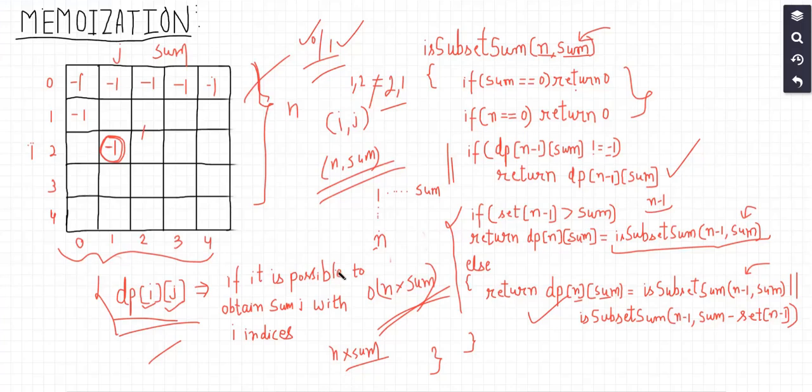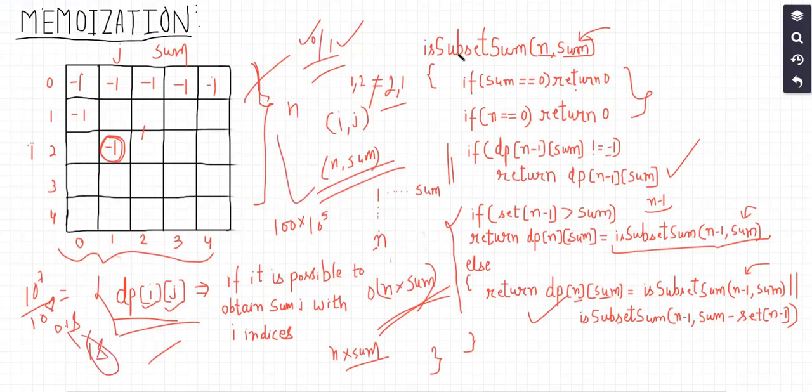And will this work for the constraints that we were given? We know that the length of the array goes up to 100 while the sum goes up to 10 raised to the power 5. So this gives 10 raised to the power 7, and dividing by 10 raised to the power 8, which is the number of iterations a computer does in 1 second, gives 0.1 seconds, which is within the time limit of any online judge, that is 1 second.